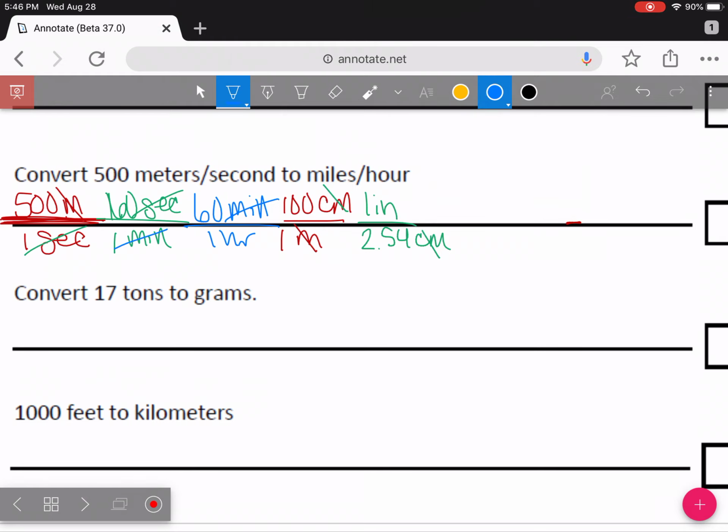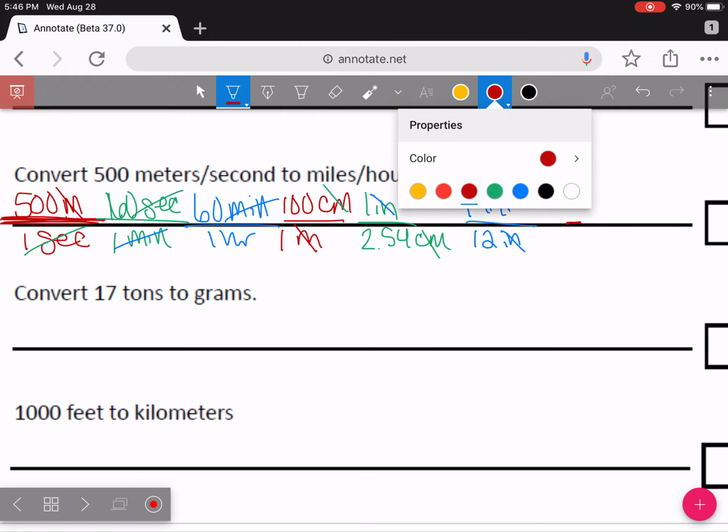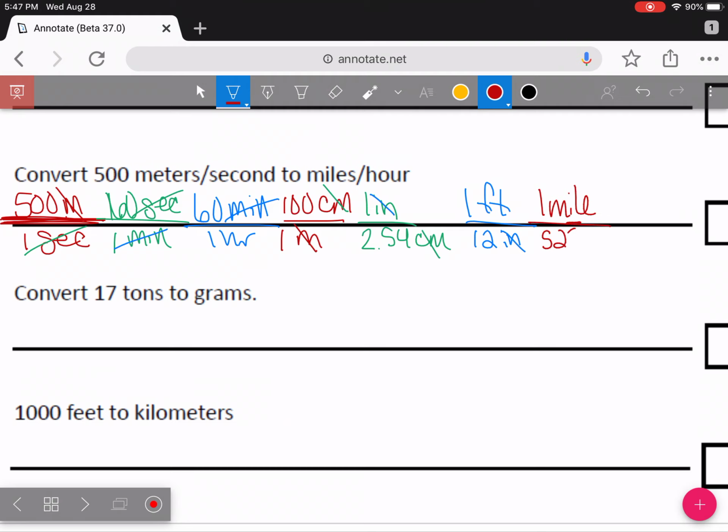Now we know that there are 12 inches in a foot. So we want inches on bottom, 12 inches, 1 foot, cancel out inches, and finally there are 5,280 feet in a mile. So 1 mile on top and 5,280 feet on bottom.